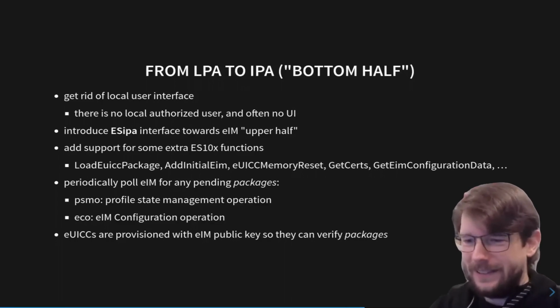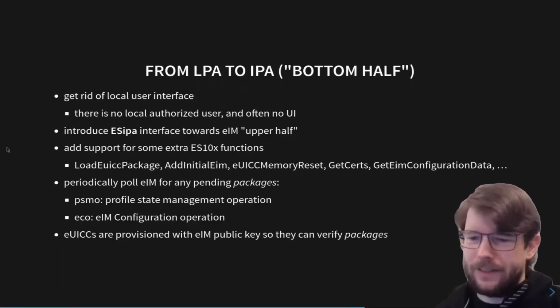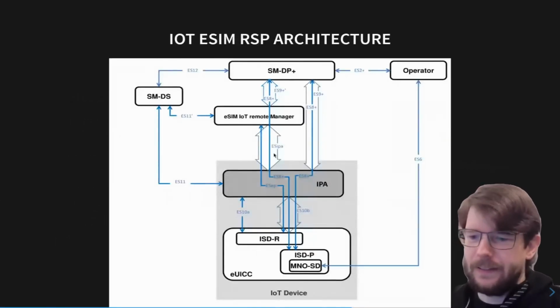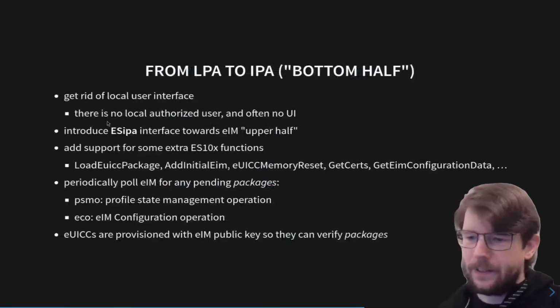So that's not the place where you want to have a user interface for eSIM deployment. And it introduces a new interface called the ESIPA interface. We see it here, the interface between the EIM and the IPA. We'll talk about that interface in more detail shortly.